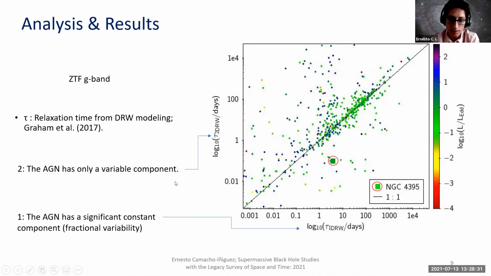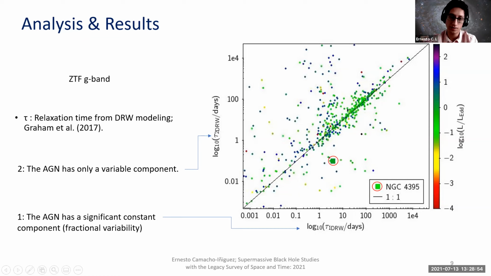In the y-axis, we have the case where the AGN has only a variable component. So we are subtracting the entire value, 100% of the minimum, to the values of the light curve. And in the x-axis, we are in the presence of this other extreme case where the AGN has a significant constant component.